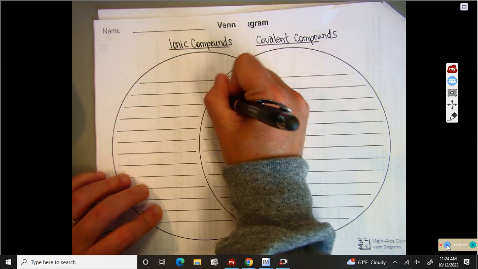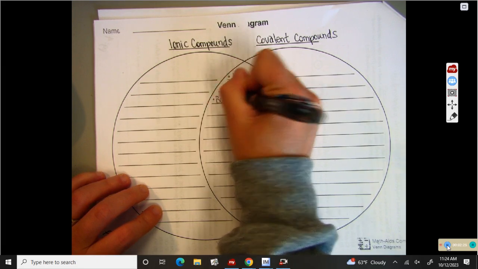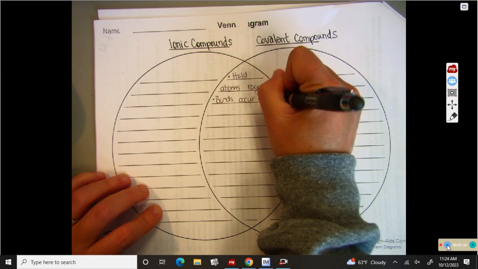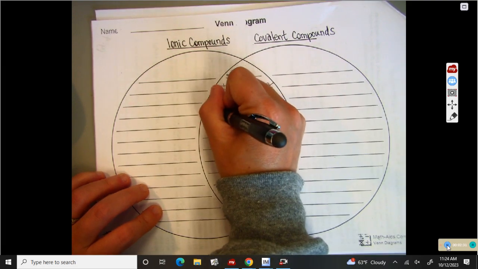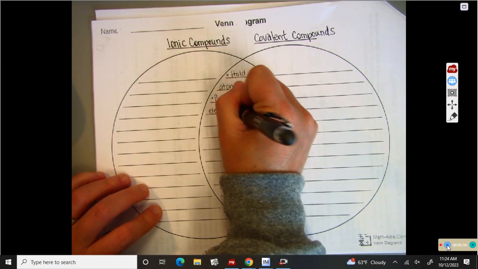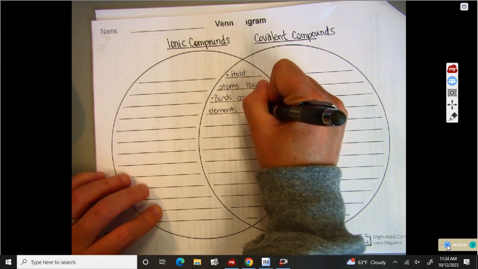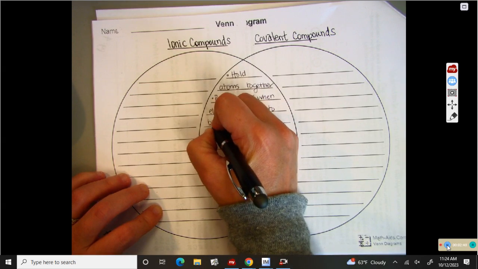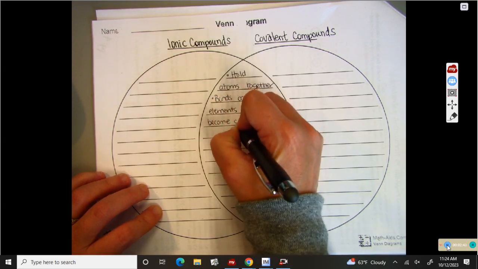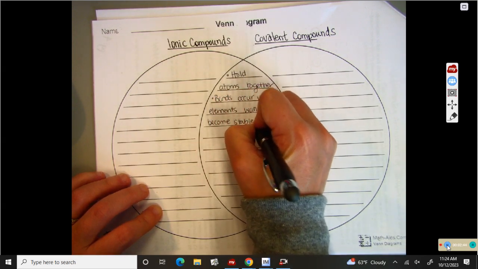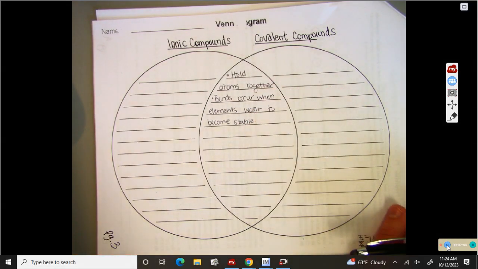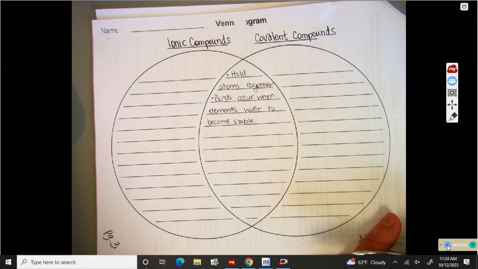And these bonds occur when elements want to become stable. Now, what you're going to see is it's not just the element, it's different atoms of those elements. So if you need to pause this and write that down, please do.